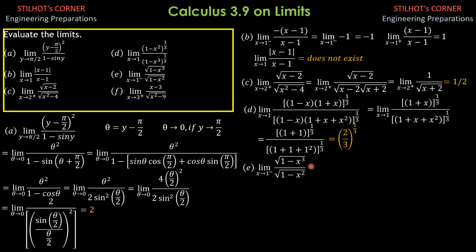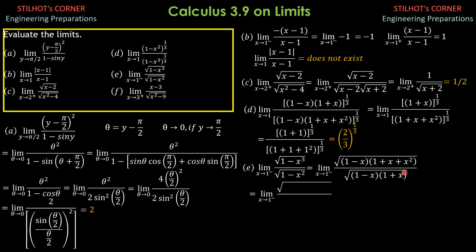So we factor the numerator as the limit as x approaches 1 from the left of square root of 1 minus x times the quantity 1 plus x squared, just like in the upper part, over square root of 1 minus x times 1 plus x, the quantity square root of the quantity 1 minus x times 1 plus x. So we can cancel square root of 1 minus x, leaving us with the square root of 1 plus x squared over square root of 1 plus x.